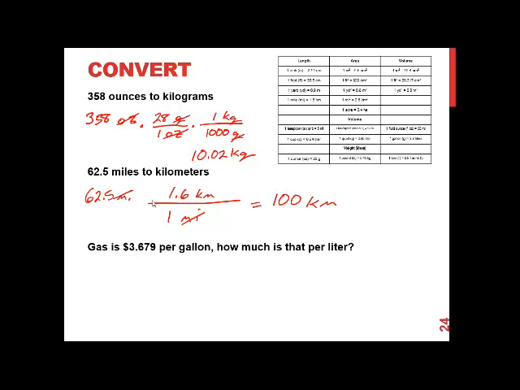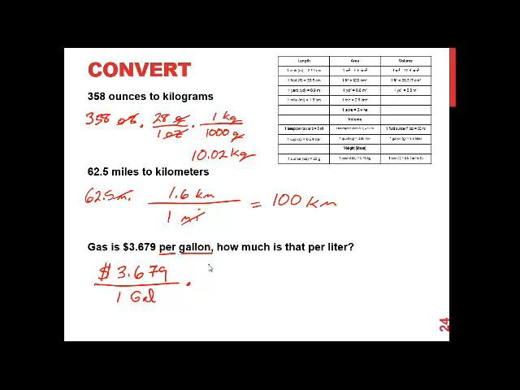Alright, last one. Gas is $3.679 per gallon. How much is that per liter? So let's see, we're looking at dollars, 3.679 per gallon. So it's going to be dollars over gallons. Now we need to convert the gallons to liters. Notice our gallons are in the denominator.